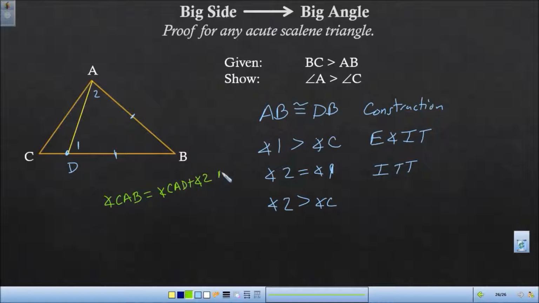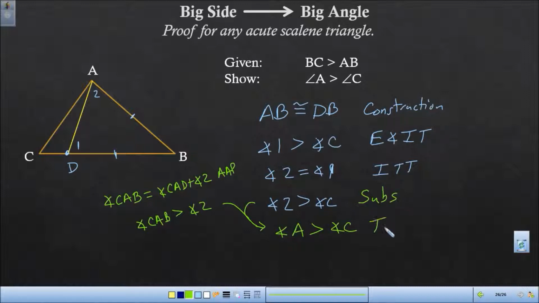This is the angle addition postulate, which in turn means that angle CAB is greater than angle 2. So since angle CAB is greater than angle 2, these things can feed together by the transitive property, and angle A, that's CAB, is now greater than angle C. This was substitution, just so you know, and this is transitive.